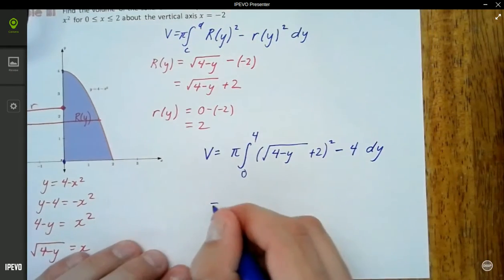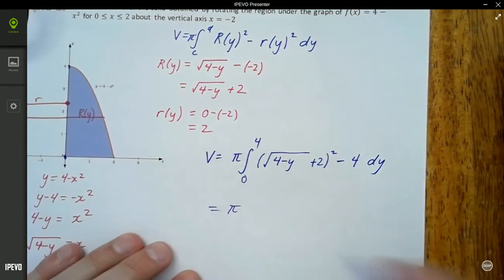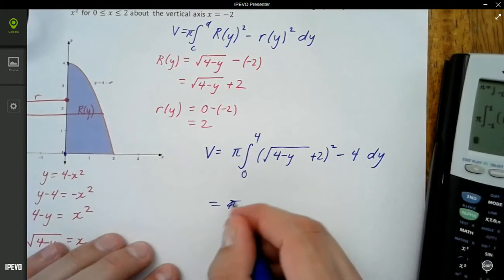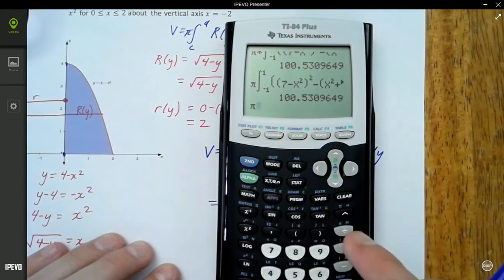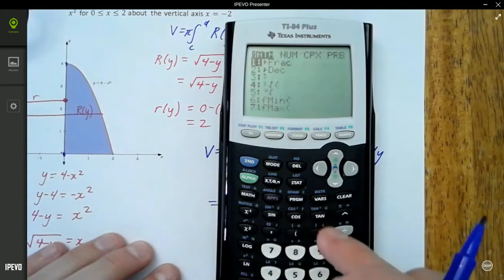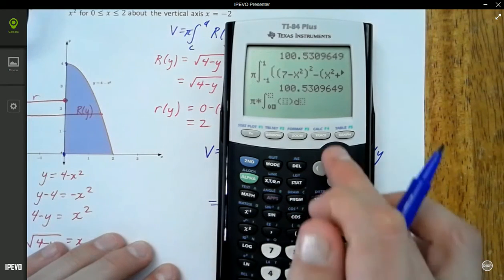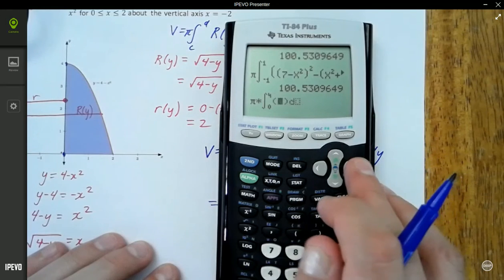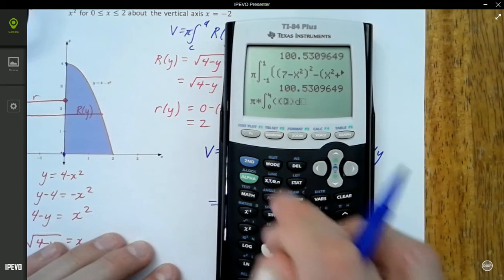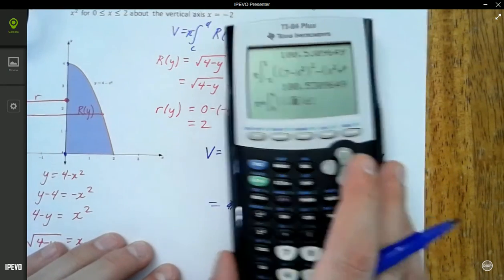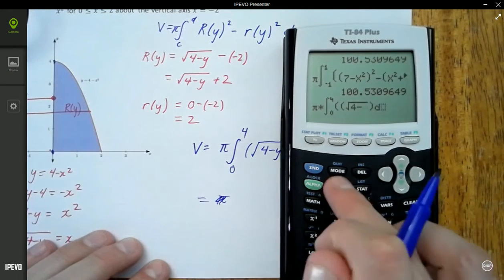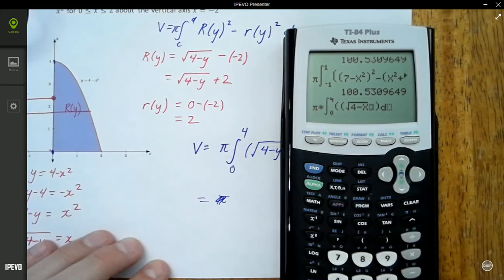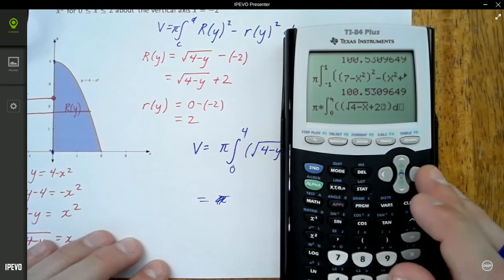Now let's use the calculator to get this. We're not going to have pi, we're going to have second pi. So I'm going to pretend this is x. So math 9. I'm going to go from 0 to 4. And I'm going to do the square root of 4 minus x, plus 2.